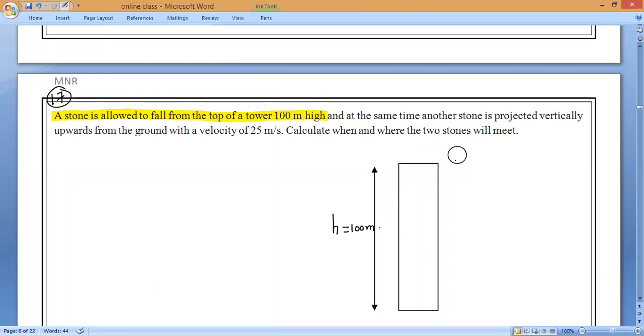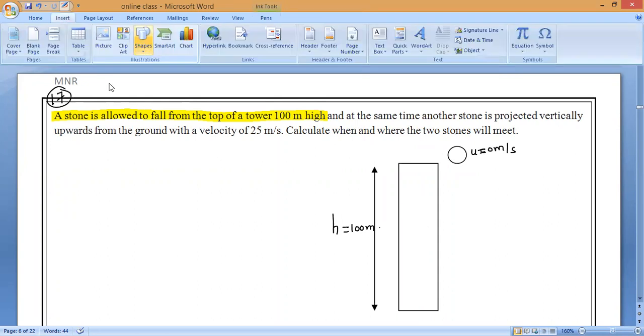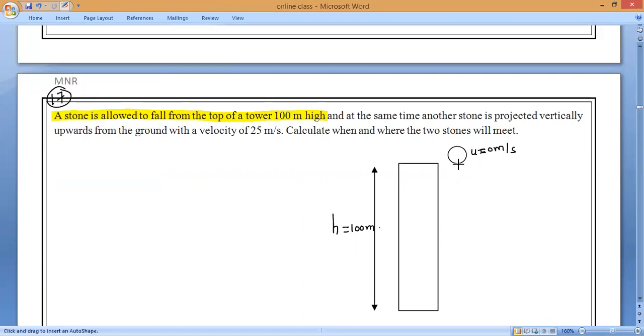What is the 0? Initial velocity is 0. All of you should understand that. And it is moving in the downward direction, so as we know, g value is positive or negative? Positive.